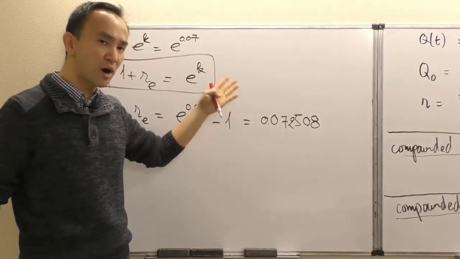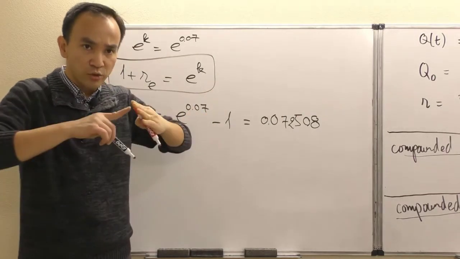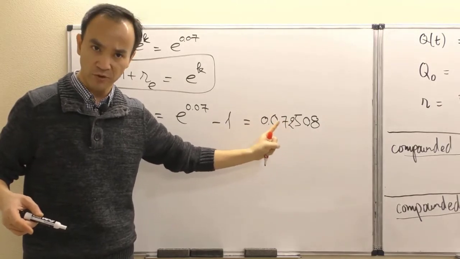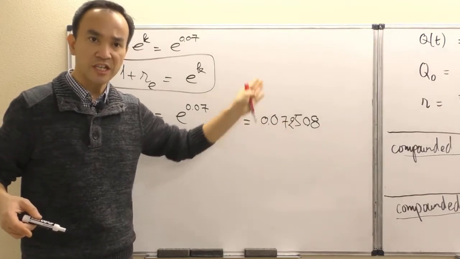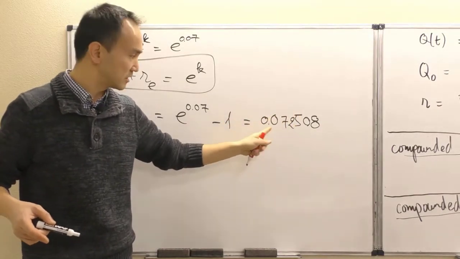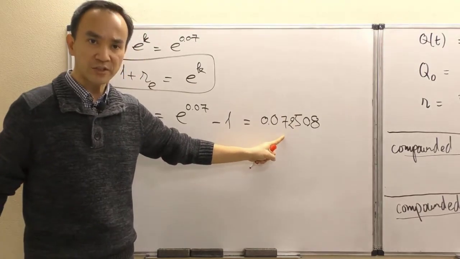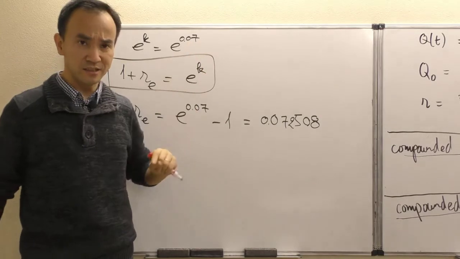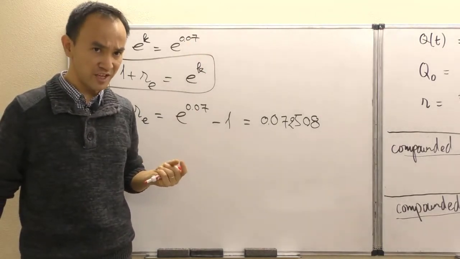But once we allow the money to grow continuously, we observe that in each default time period the money has grown by that rate, which is slightly higher than the nominal rate that was given initially.